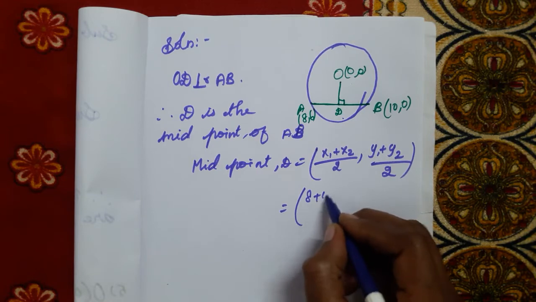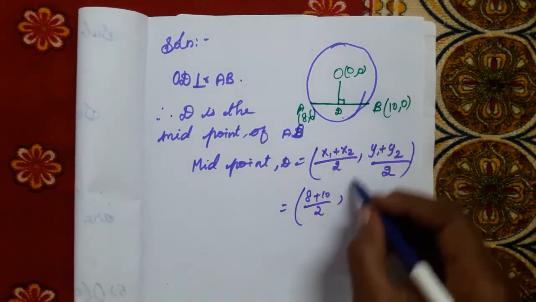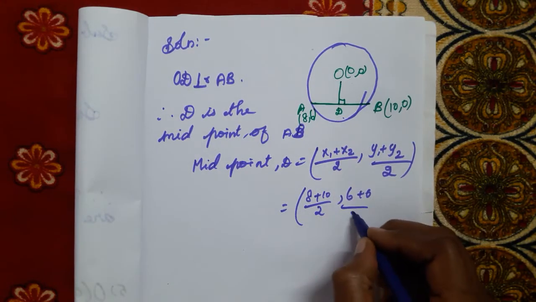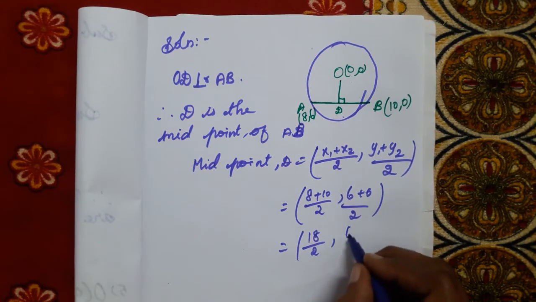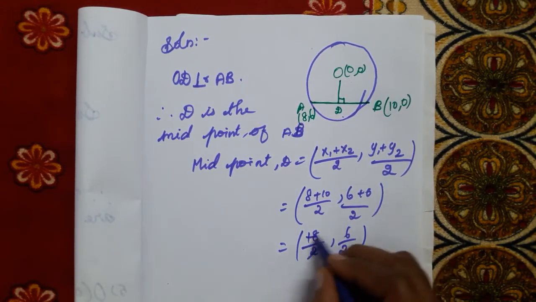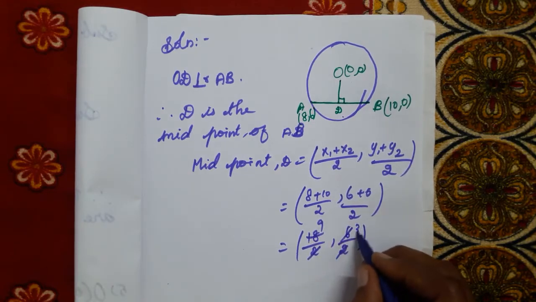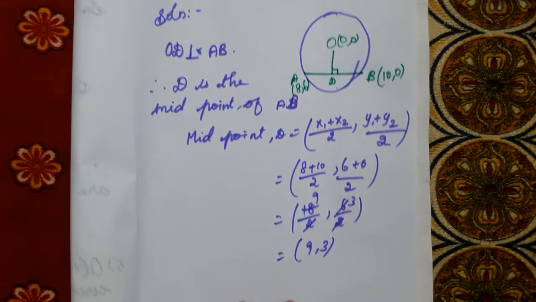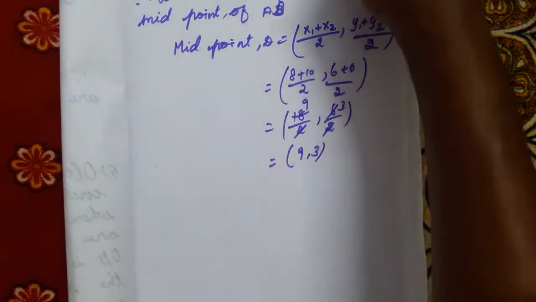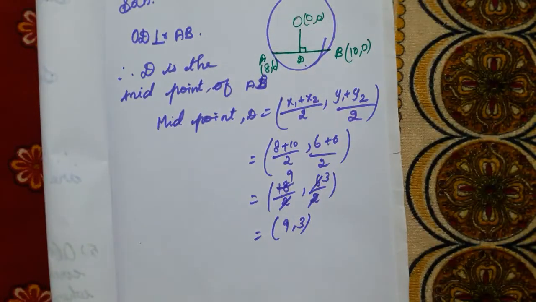So (8 plus 10 by 2, 6 plus 0 by 2) is equal to (18 by 2, 6 by 2), which is (9, 3). It is the midpoint of AB, which is D.